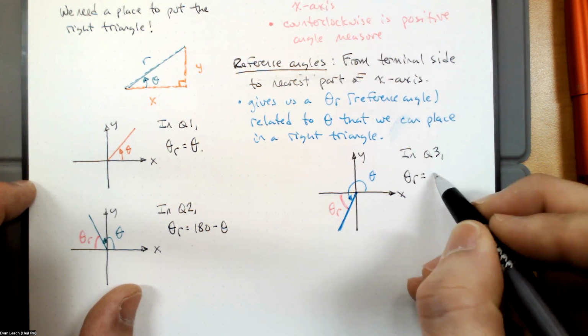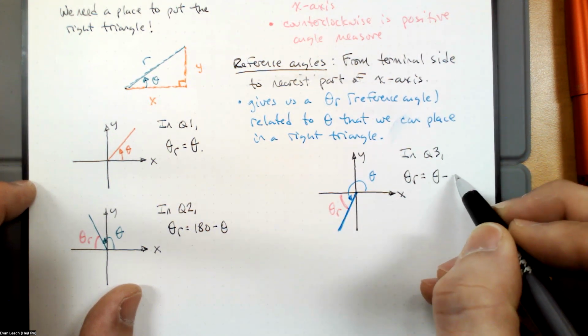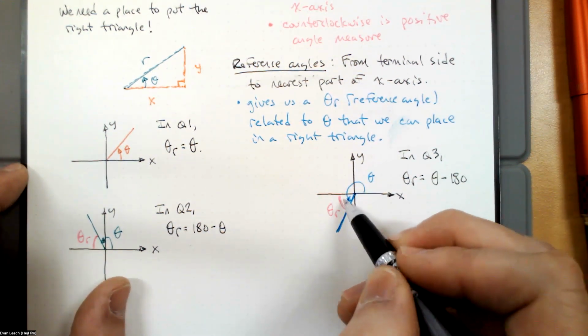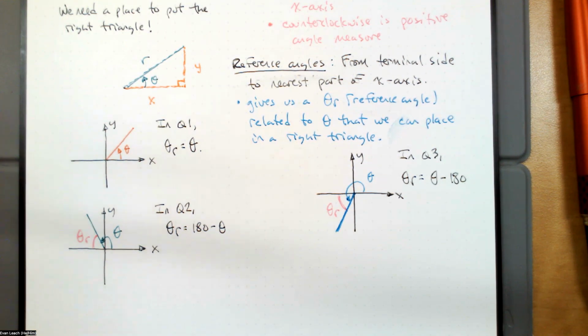We're going to take theta and subtract 180. Because theta has gone past 180, we want to go back to the negative x-axis.